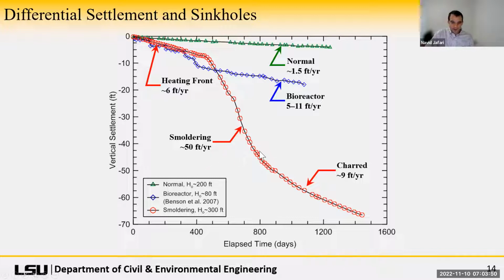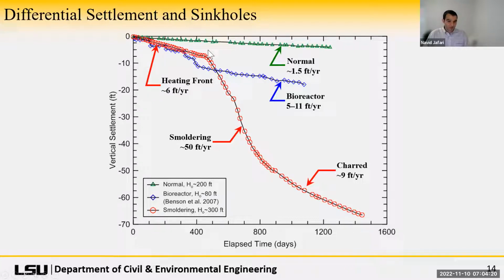Then we have another pin that comes from the ETLF area, and we see that the settlement rates vary over 3 different periods. The initial period, where we think the ETLF is coming towards that pin, I call the heating front preamble. It's about 6 feet per year, so already 3 to 4 times higher than what we'd normally see at that facility.